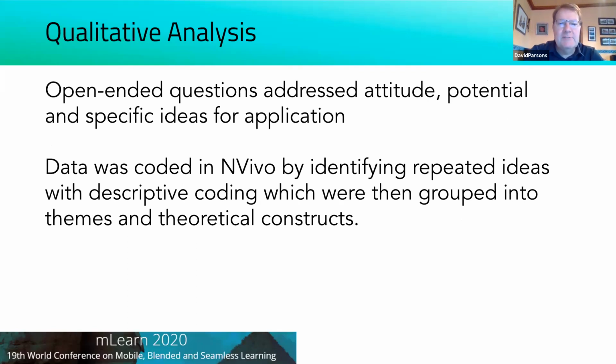So, a series of open-ended questions about the attitudes and the potentials for these tools. Where we've often found when we've worked with these teachers in the past is the most interesting things that they say are when you say to them, well, what would you do with this in the classroom?